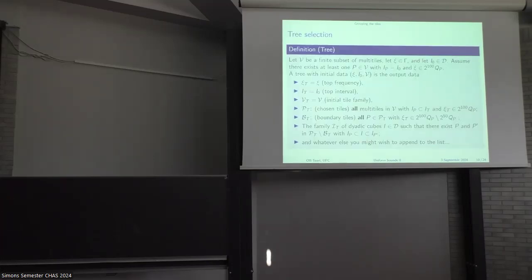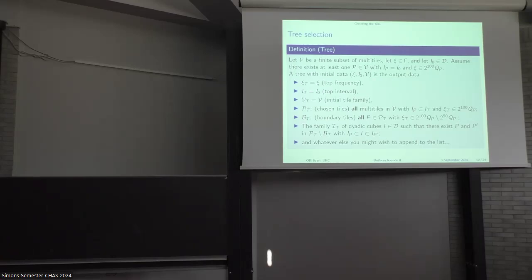Okay, and then comes the core part of the whole thing, namely the definition of a tree. The definition might look slightly vague, but the idea is that we have the input triple of data.